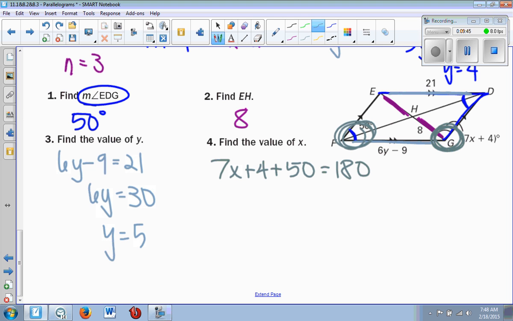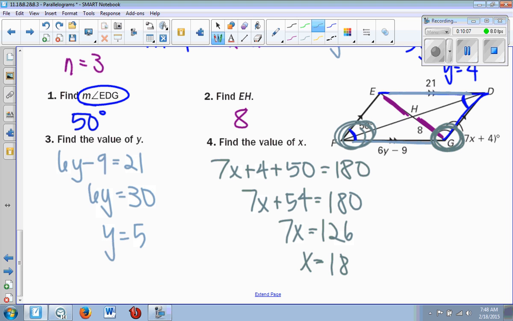They are supplementary, not congruent. So putting 50 and 4 together gives you 54. If I subtract 54 from both sides, I get 126. And the last thing I would need to do is divide 126 by 7. We end up with an x value of 18.